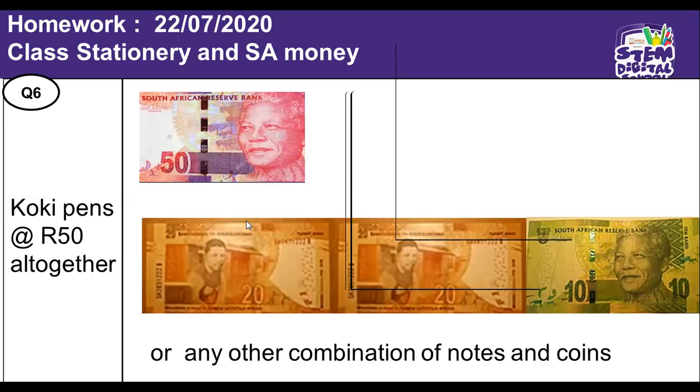So you'll use all 10 rand notes. Yes. Well done. Thank you very much. So you can see that there are so many other ways that you can use when you want to pay for something that you want to buy. Well done, grade twos.